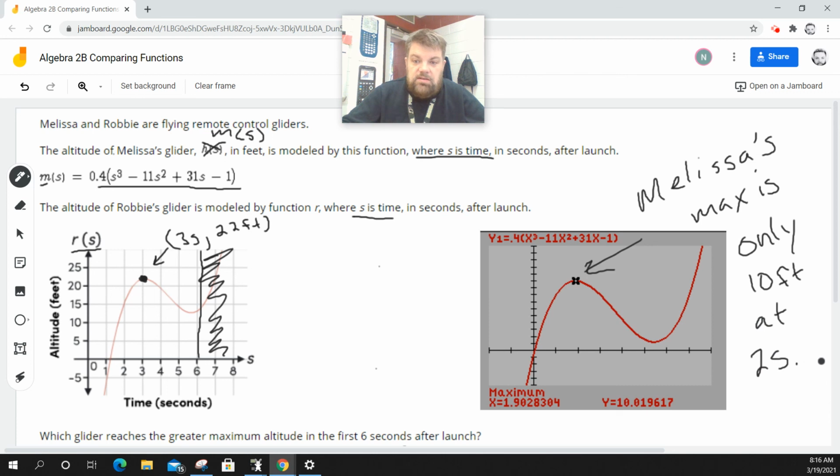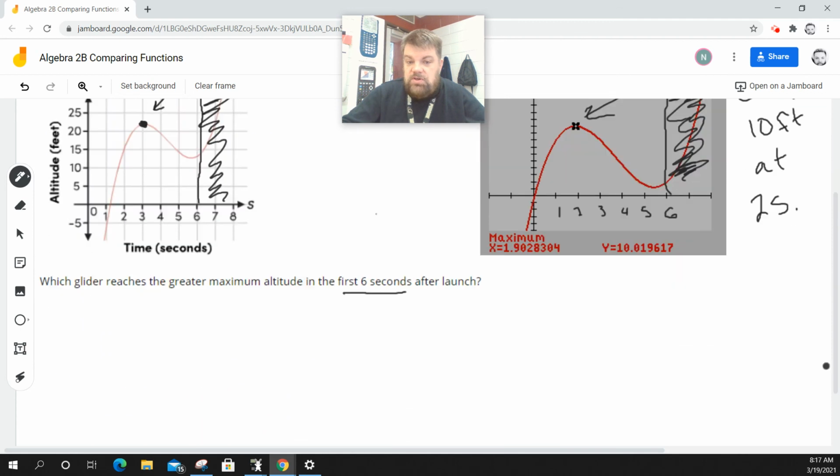Okay. And we're going to go this. So this is 1, 2, 3, 4, 5, 6. And so anything to the right of this, we're going to ignore, just like we did for Robbie, because they want us the first 6 seconds. So Robbie actually got up to 22 feet.